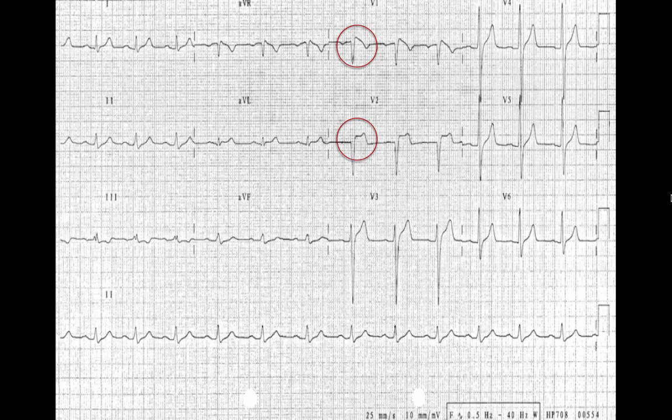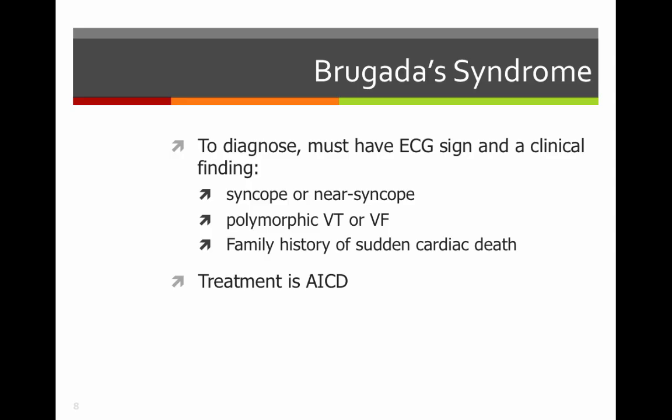In order to diagnose Brugada syndrome, we have to have a couple of things. We must have some sort of identifiable ECG sign that we just talked about, type 1, type 2, or type 3, plus one or more clinical findings.